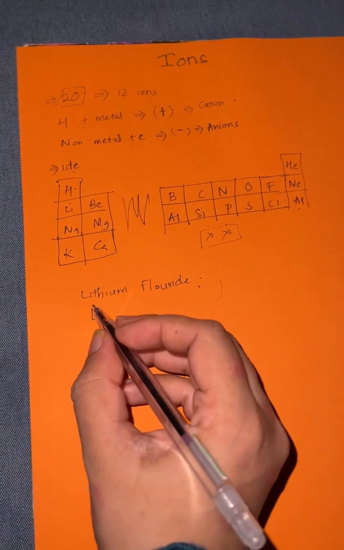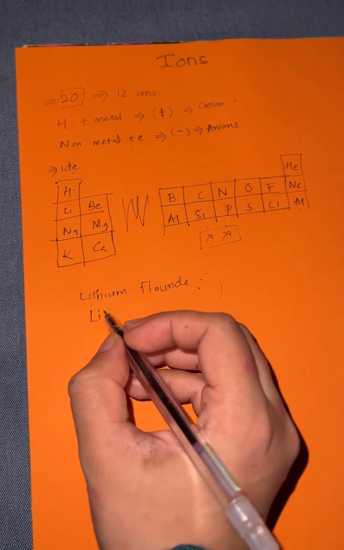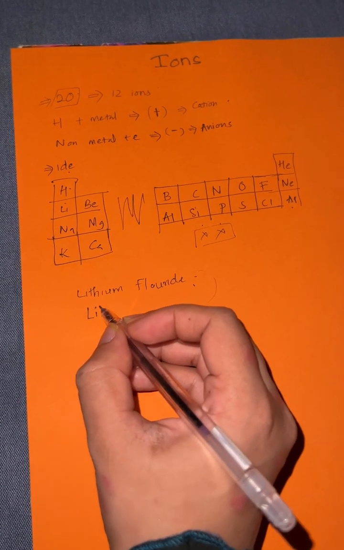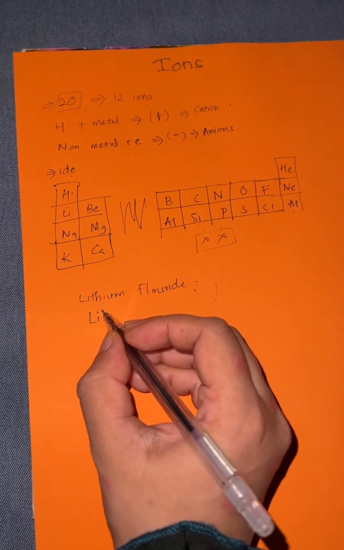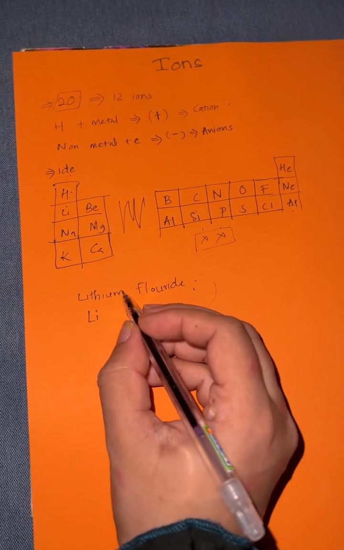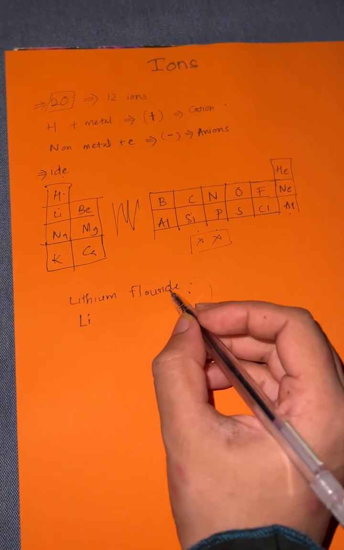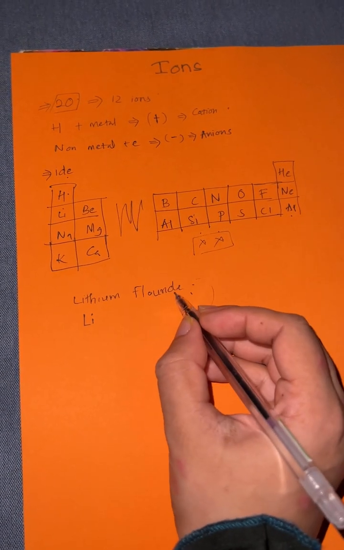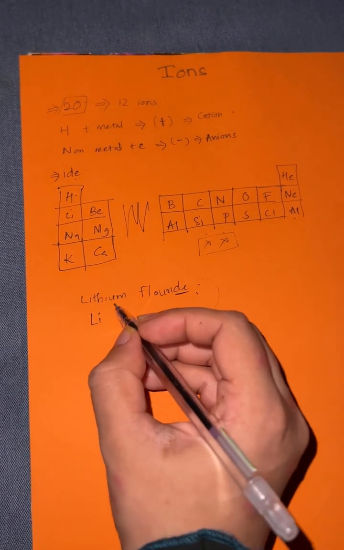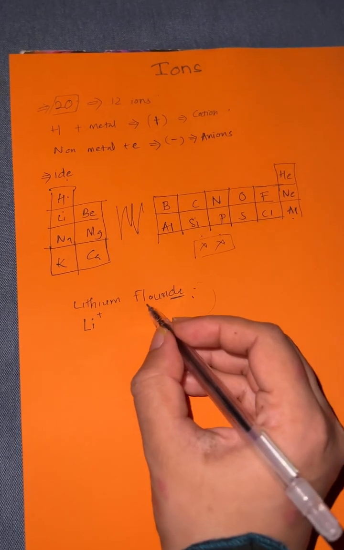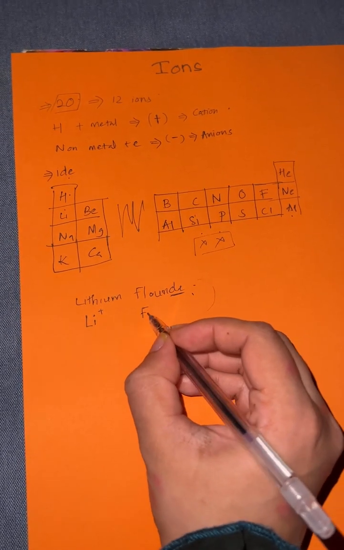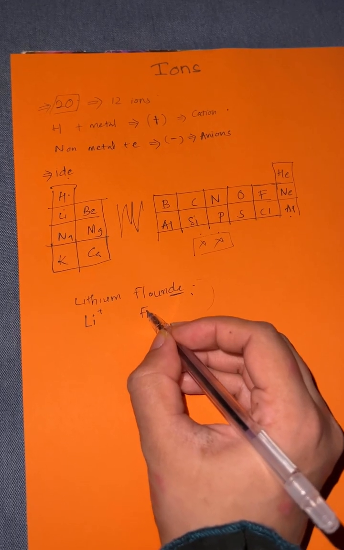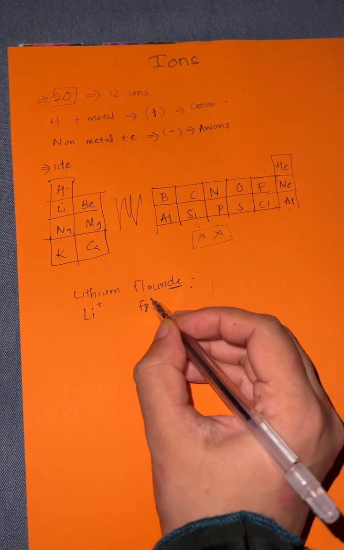When we write the cation, the positive ion, the ion has the same name as the atom, lithium, but the negative ion always ends with ide. So this is Li plus, and fluoride, F minus.